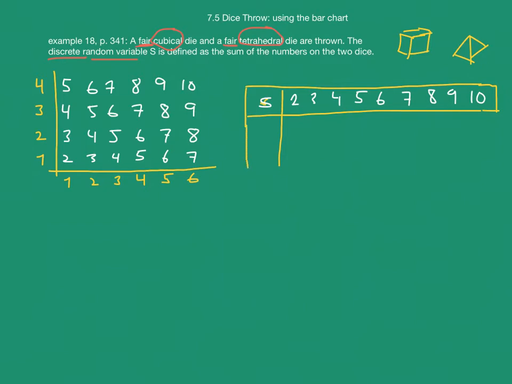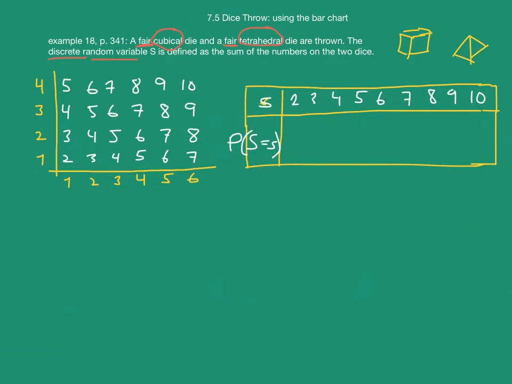And now we can look at the probability of each, and that would be the probability that capital S is equal to the lowercase value of s.